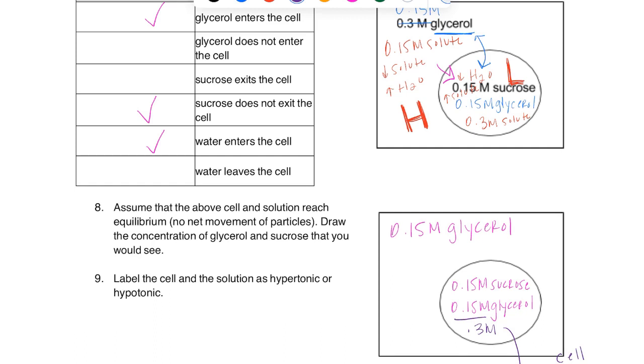Outside the cell, we only have 0.15, therefore that would be low solute. So low solute and high water, that's hypotonic. So we have a hypotonic solution and a hypertonic cell.